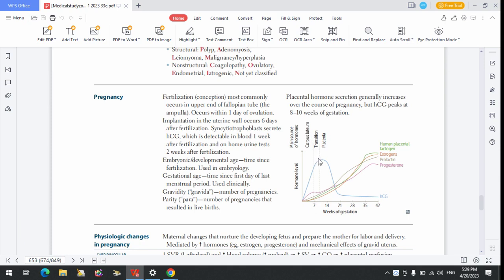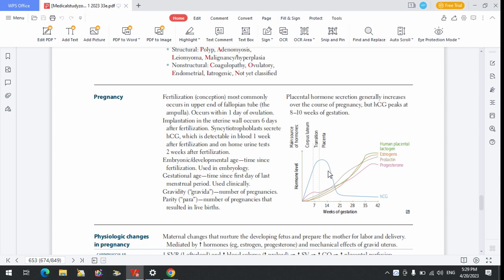It peaks around the 8th to 10th week, then the level subsequently drops, as hCG has started falling.